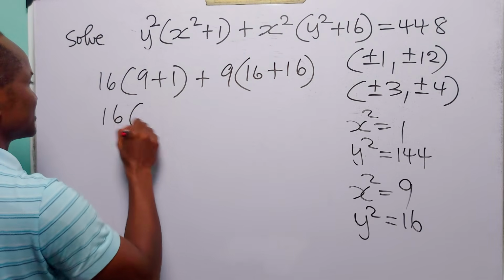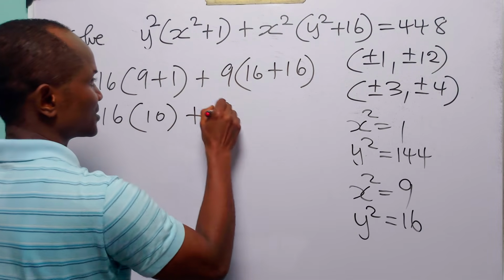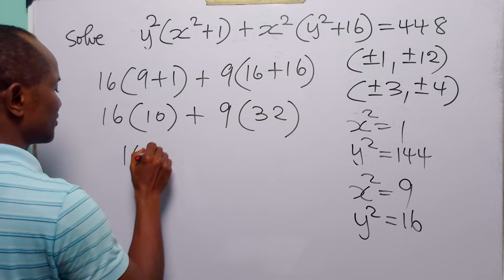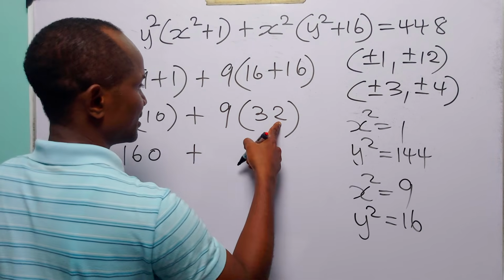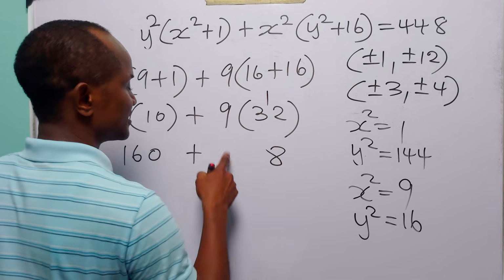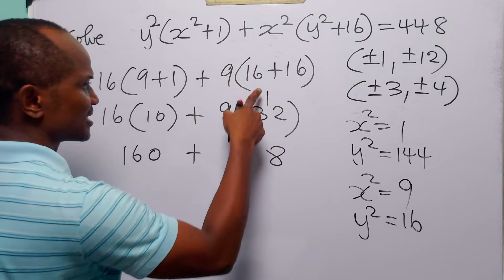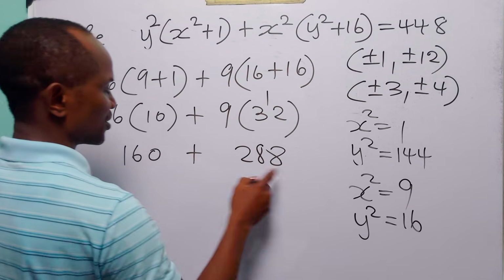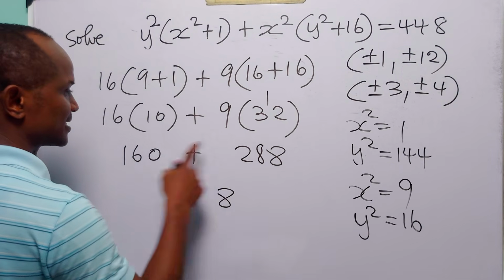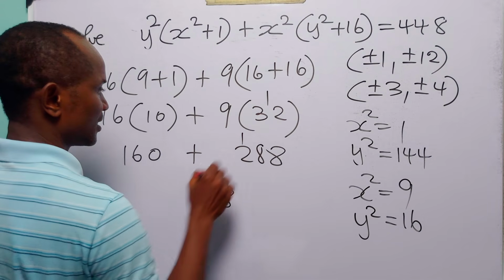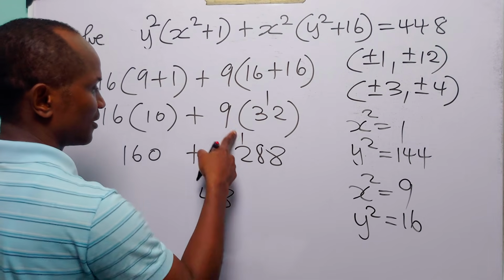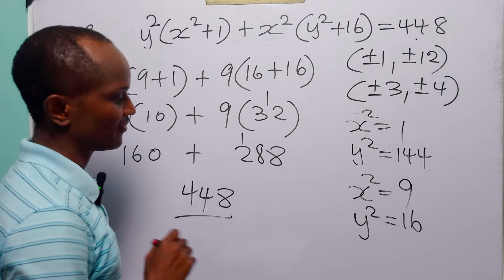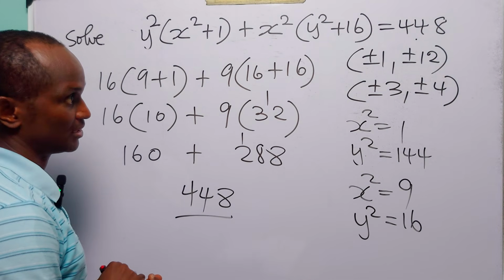This is 16 times 10 plus 9 times 32. This is 160 plus 9 times 2 is 18. 9 times 3 is 27 plus 1, 28. 0 plus 8, 6 plus 8, 1 plus 2 plus 1, which is exactly what we have on the right hand side of the original equation.